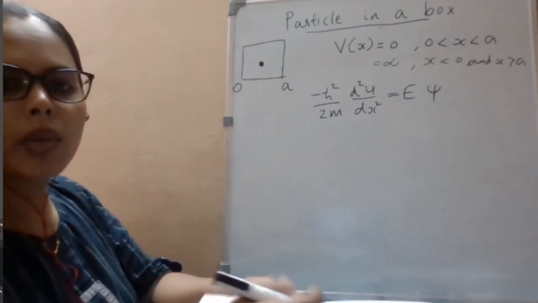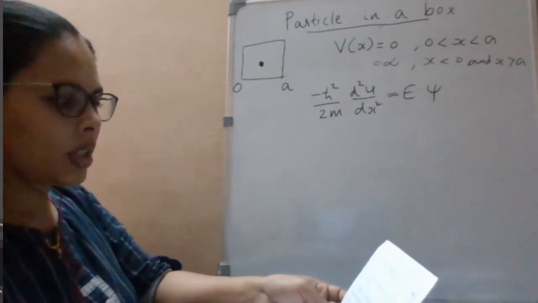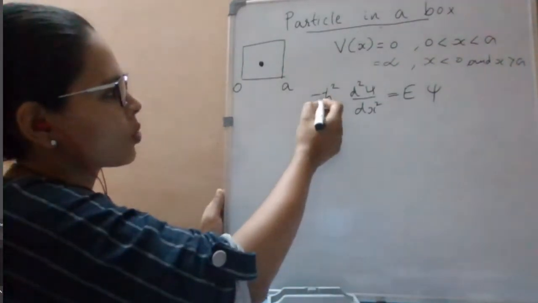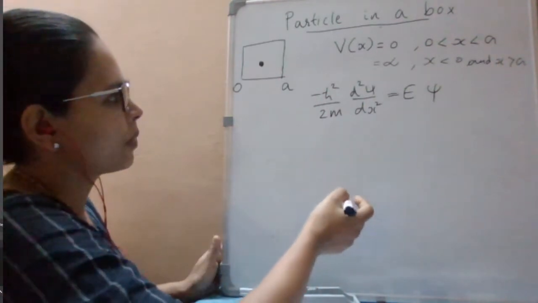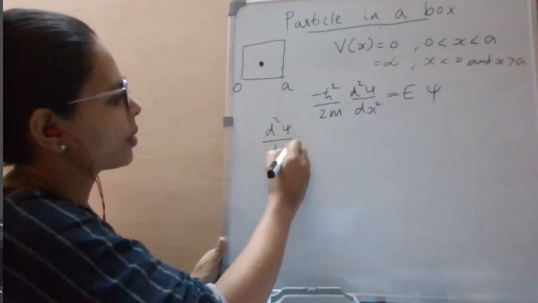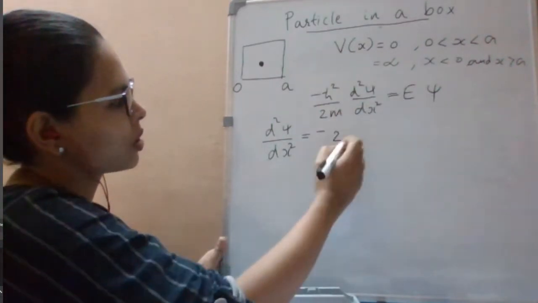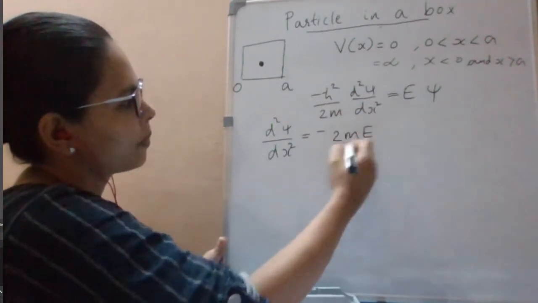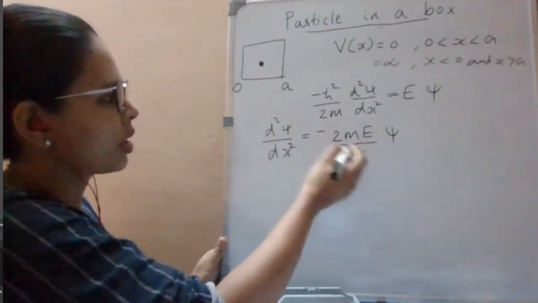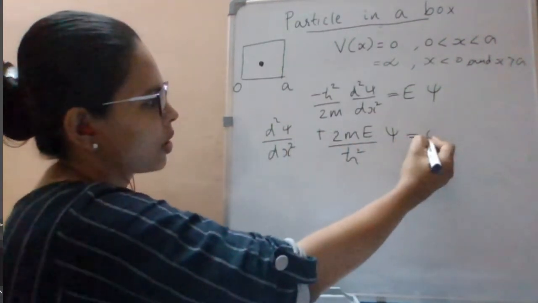Now what we have to do is calculate a suitable solution for this. For that, we are just going to rearrange it. Let me take this one to the right hand side. So d square psi by dx square is equal to minus 2m E by h cut square into psi, and I'll take this term also to the left hand side. So this one plus this is equal to 0.